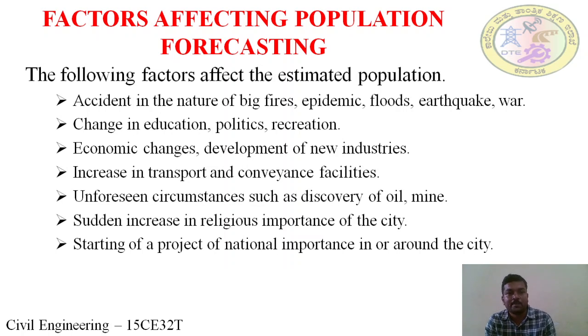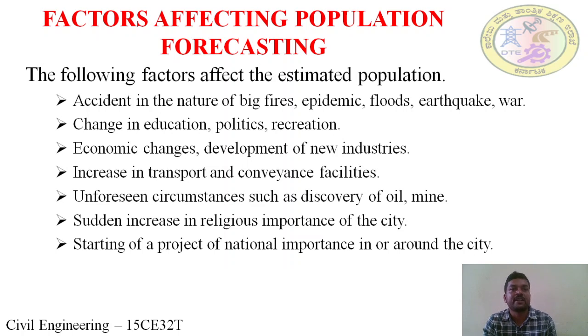Generally, two or more methods are adopted in each case and the mean value is adopted. However, the difference between the actual and estimated population is likely to be more marked with small cities than with larger cities. Accuracy of population estimates decreases as the time period of the forecast increases.